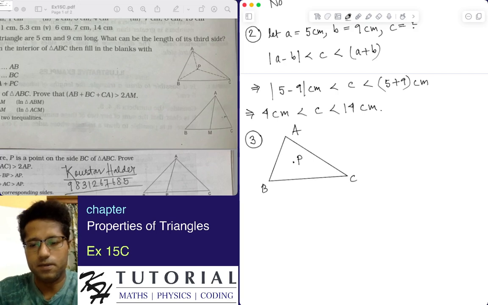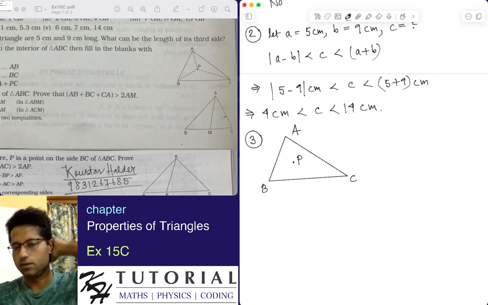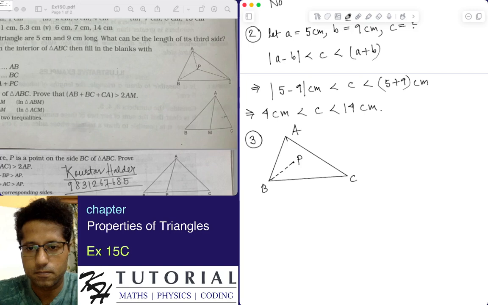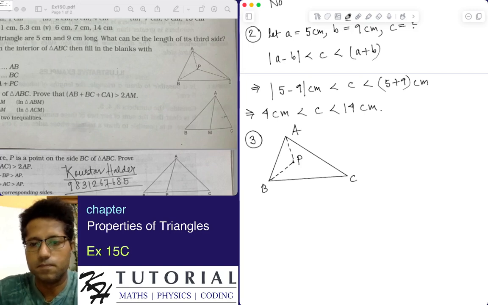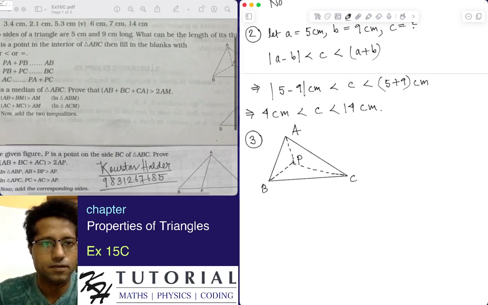The point P is joined with all three vertices by line segments, so we have the line segments BP, AP and PC. Now it is asking to fill in the blanks.